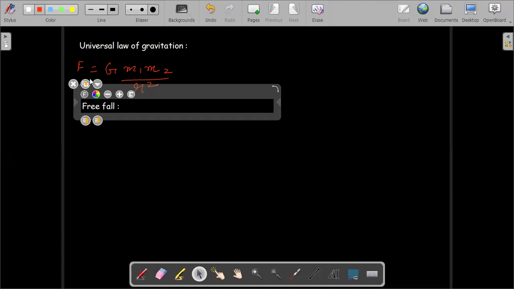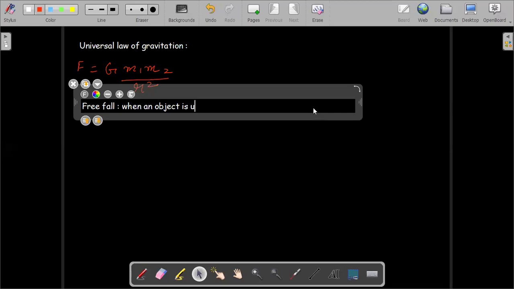Next topic is free fall. When an object is under the effect of gravity, it is said to be in free fall.